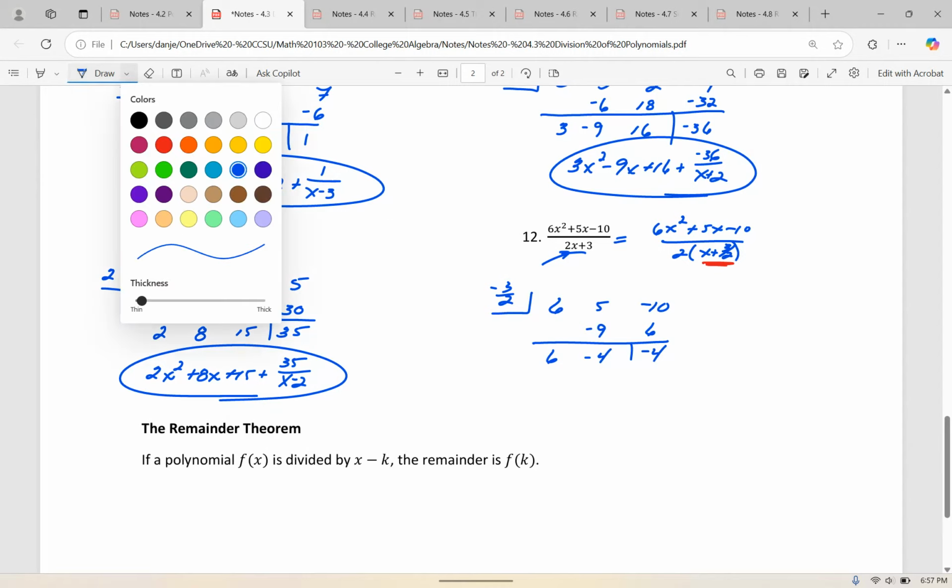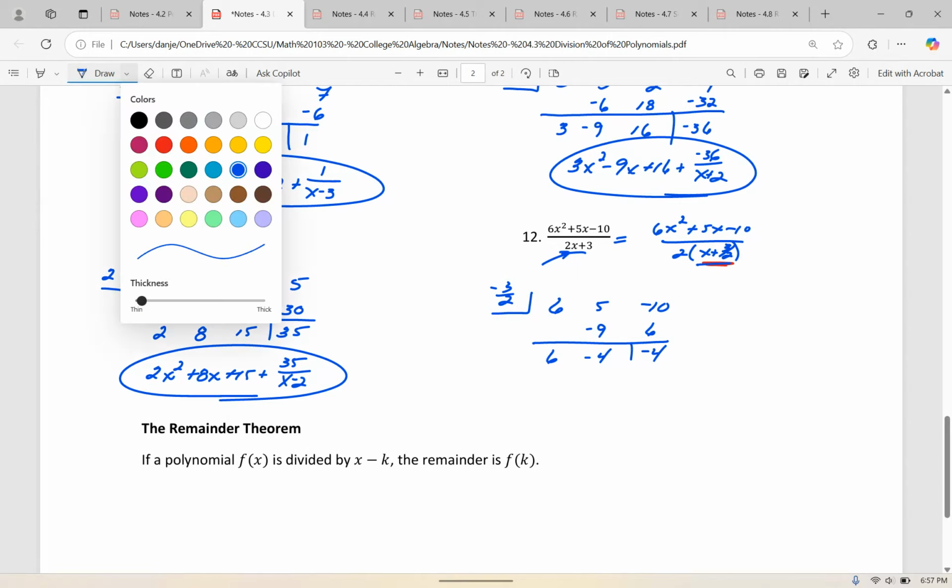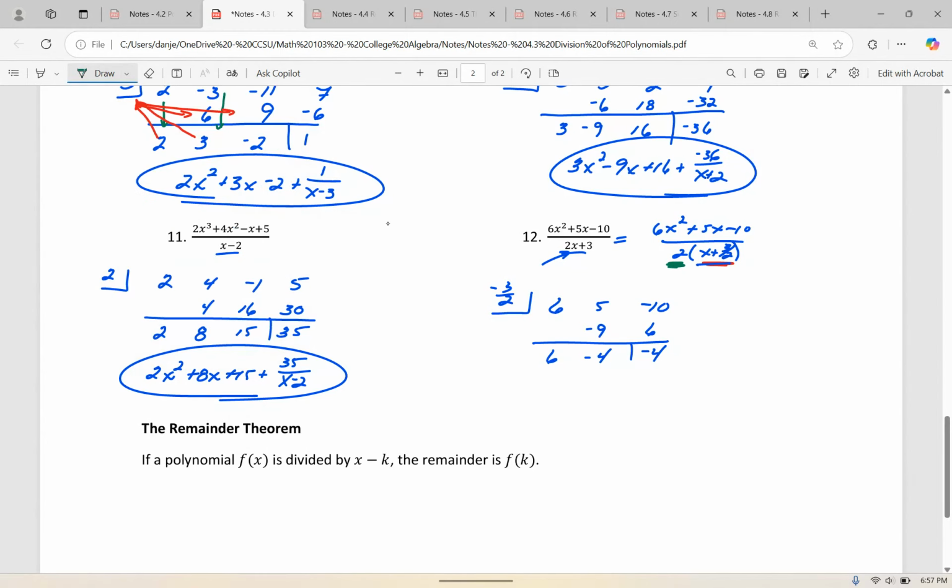However, that's only dividing by the x plus 3 halves. I also need to divide by the 2. So everything still gets divided by the 2. So I have 3, negative 2, negative 2. So my quotient is 3x minus 2 minus, actually, you know what?